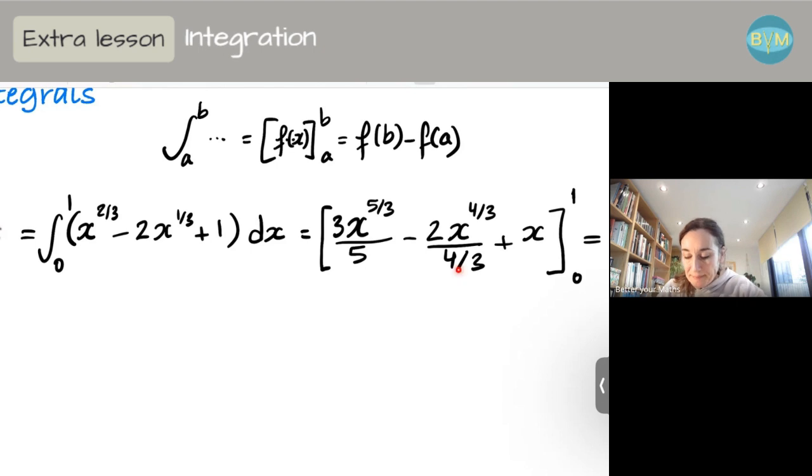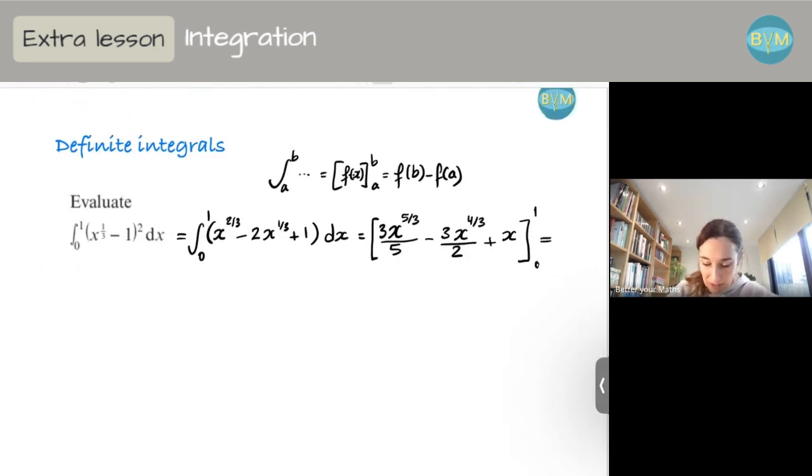And this one, I can simplify. So instead of 2 and 4, I'm going to have a 2 here, and the 3 goes up. So I have 3 halves. If you get confused doing the reciprocals and dividing by a fraction, just do it with the calculator, mainly in the exam, because when we are nervous, we do the most silly things. So if you are not confident, just do it with the calculator, it doesn't matter.